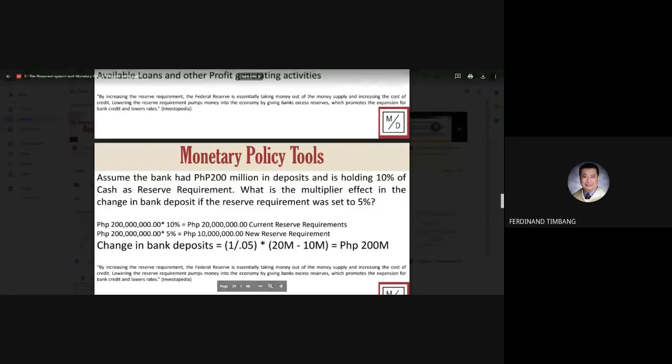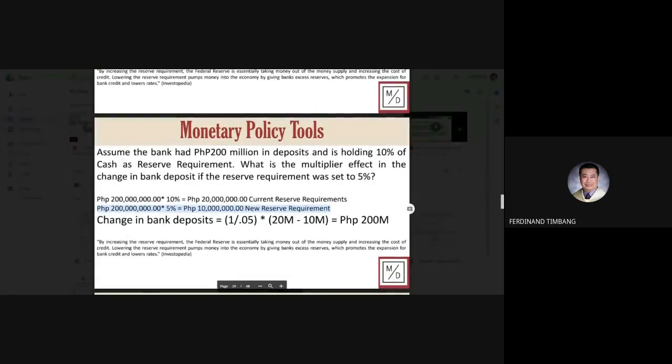O, so, bali ganito siya. So 1 divided by 0.05 kasi 5% na lang yung reserve requirement. Then times 20 million, so dito yan, doon sa dati, and then yung present. Yan. So kaya meron tayong 20 million minus 10 million. So we will get 200 million.